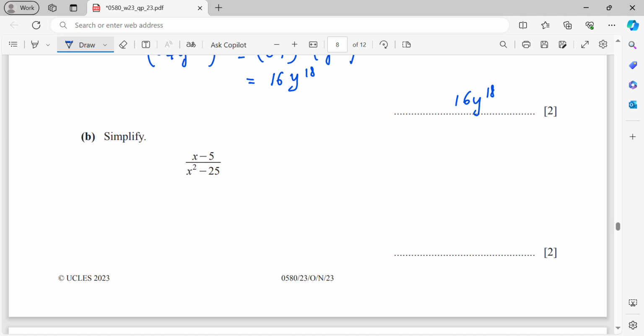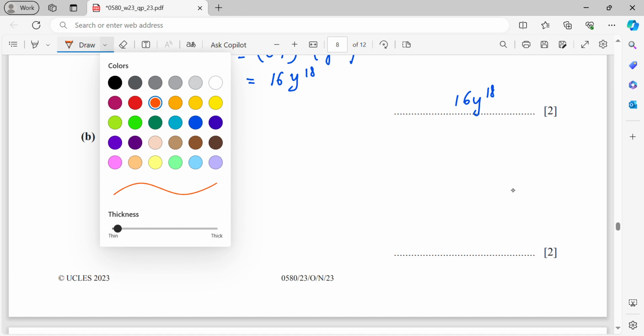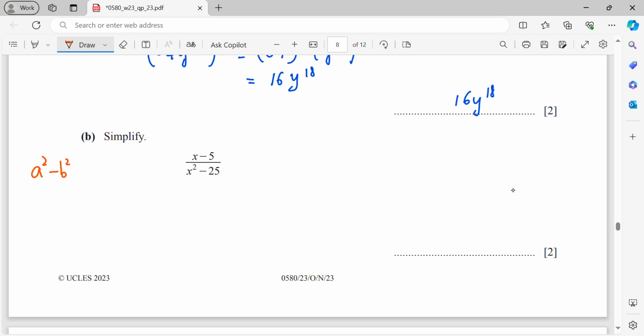Now B, simplify x minus 5 divided by x squared minus 25. We have a formula, difference of squares: a squared minus b squared is a minus b times a plus b. Notice that x squared minus 25 can be written as x squared minus 5 squared. Now apply the difference of squares.